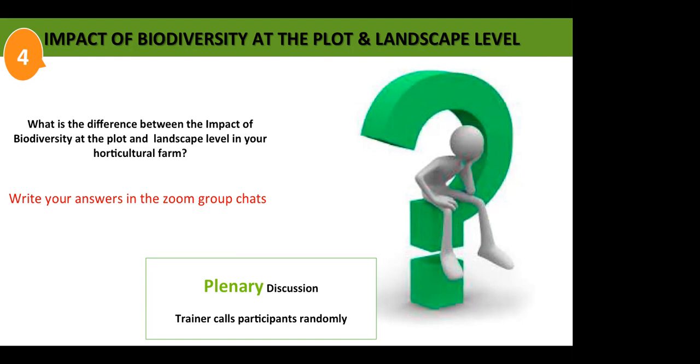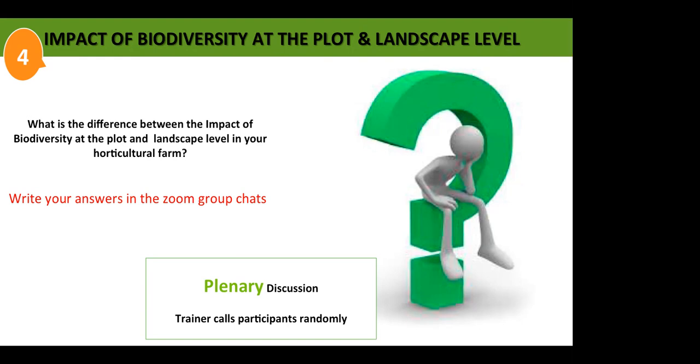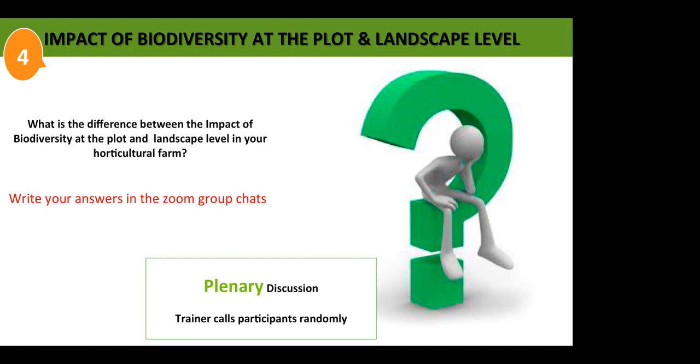Yes. But the impact of biodiversity at the plot level, I think, is when there is heavy use of fertilizers, like excessive use of fertilizers and pesticides, we actually reduce the productivity rate of the land at the plot level.